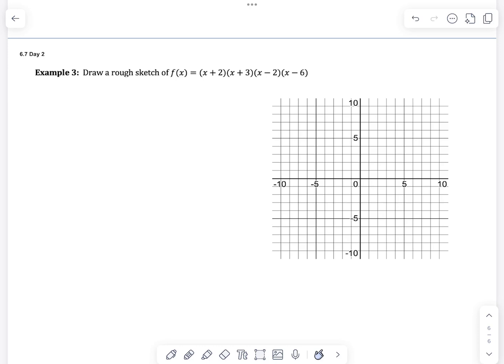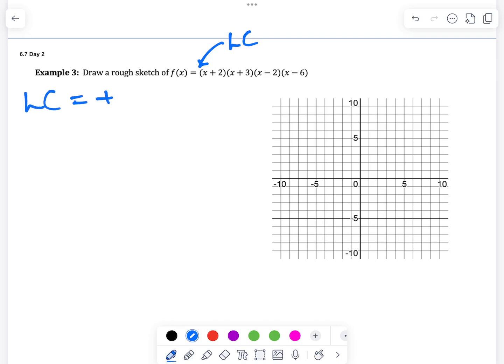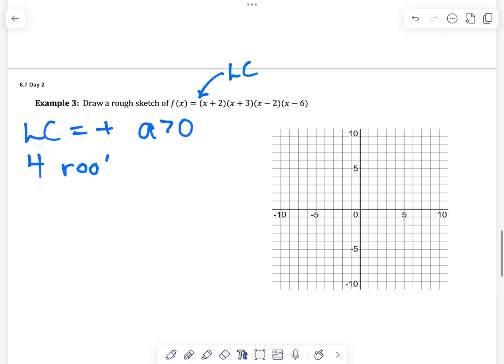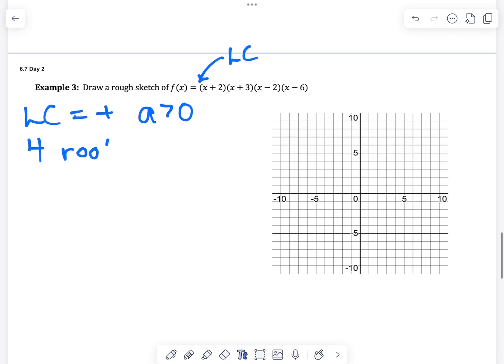Example 3, draw a rough sketch. So we're giving you a polynomial function in factored form. So first thing to look at is the leading coefficient. The leading coefficient is a positive number, or a is greater than 0. And you have 4 roots, 4 factors.